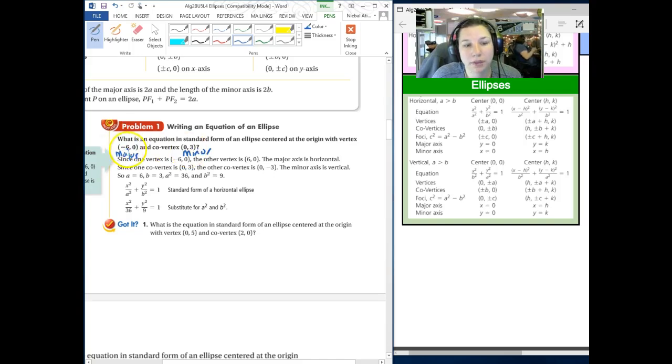6 is in the x position, so that means that our major axis is on the x-axis. So this ellipse is horizontal, and its center is at 0, 0. It has vertices at -6 and 6 for the x, and 3 and -3 for the y.